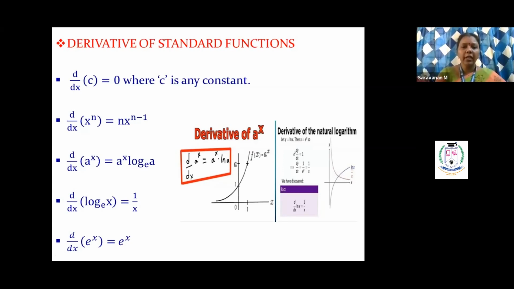For the derivative of a power x, I have given the geometric representation, showing how the curve is deviating here. And the derivative of natural logarithm is also given here. That is d by dx of log to the base e of x is equal to 1 by x. And if you are differentiating e power x, we get e power x itself. There is no change in that.